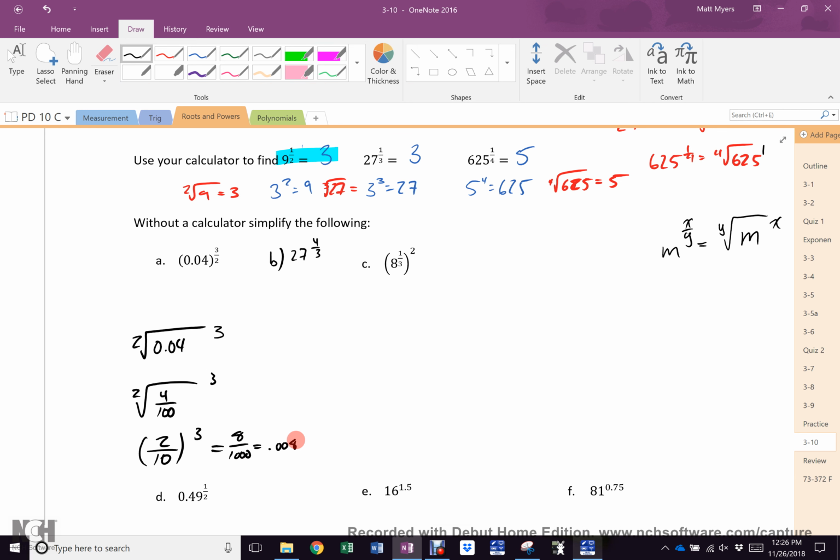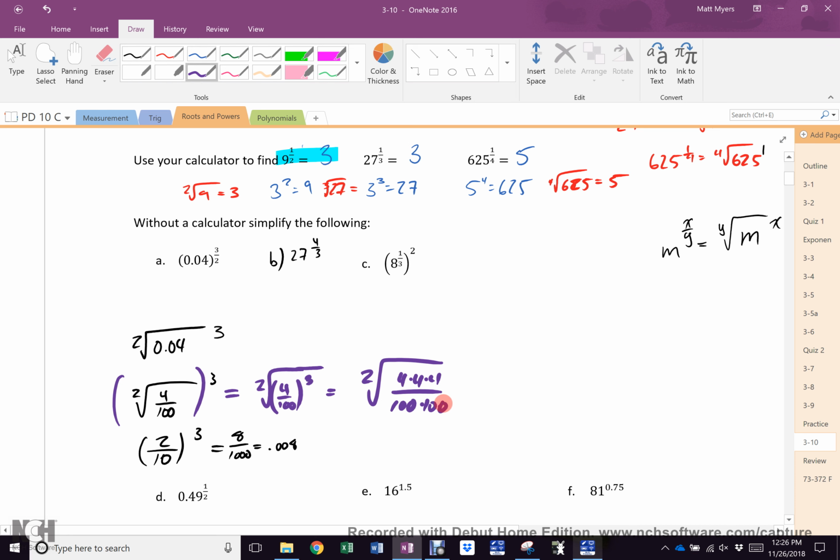Catherine has asked a question. That 3, where does it live? Is it this? The square root of that cubed? Yes, it is. But it is also the square root of 4 over 100 cubed. Which would mean it was the square root of 4 times 4 times 4 over 100 times 100 times 100. Everybody with me? So that would be, what would come out of the top? 2, 2, 2, correct?